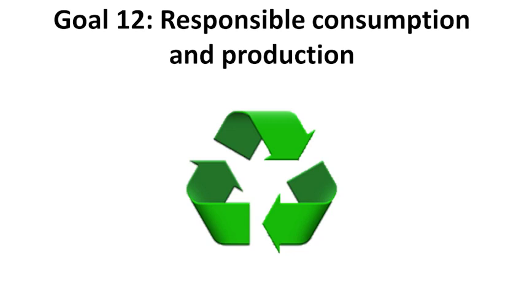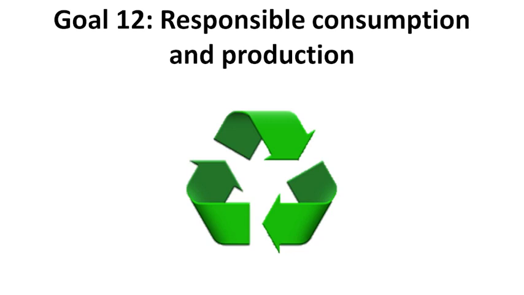Sustainable Development Goal 12 is to ensure sustainable consumption and production patterns. There are 11 targets. The first is to implement the 10-year framework of programs on sustainable consumption and production patterns. The second is to achieve the sustainable management and efficient use of natural resources.